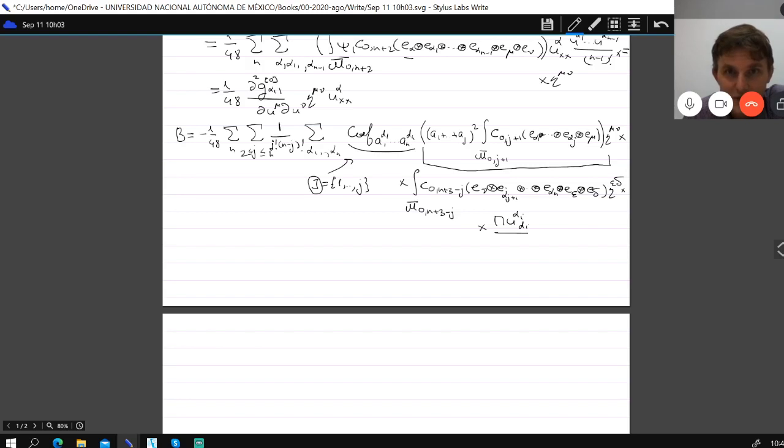But this expression depends only on a1 through aj, so you don't have to have monomials depending on all a1 through an. It can only depend on a1 to the power d1, through aj to the power dj.